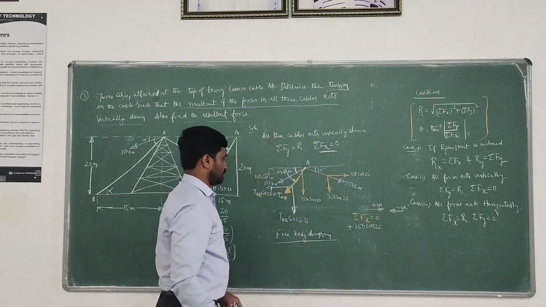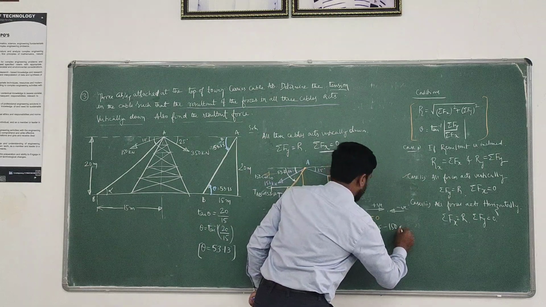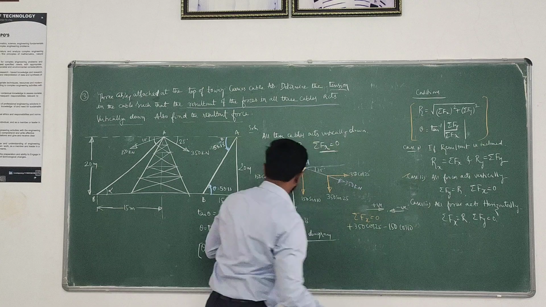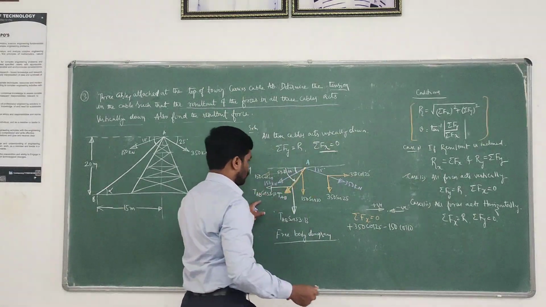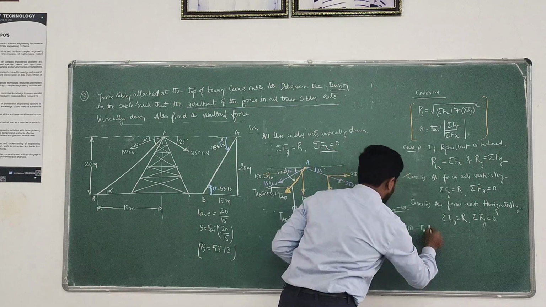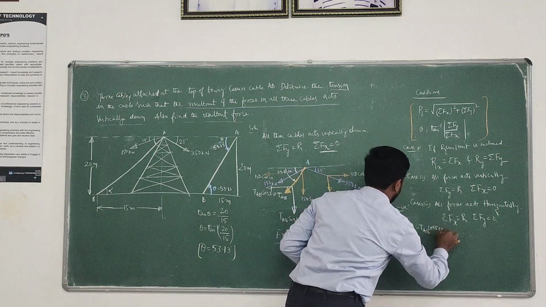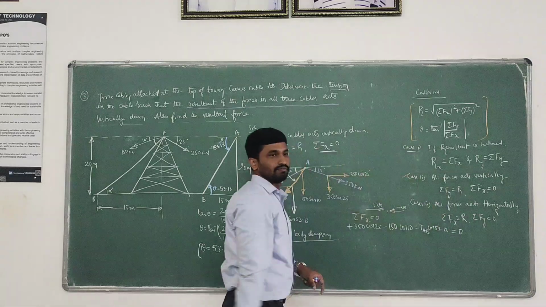It will become minus 150 cos 10, minus because acting left side. So minus TAB cos 53.13, which is equal to 0.